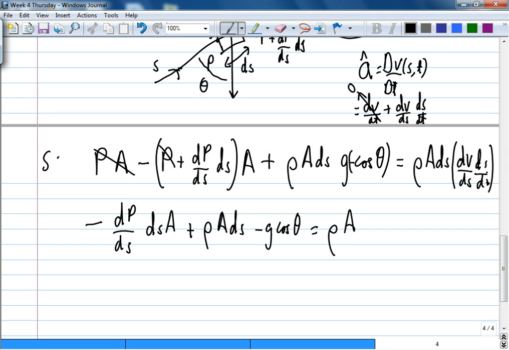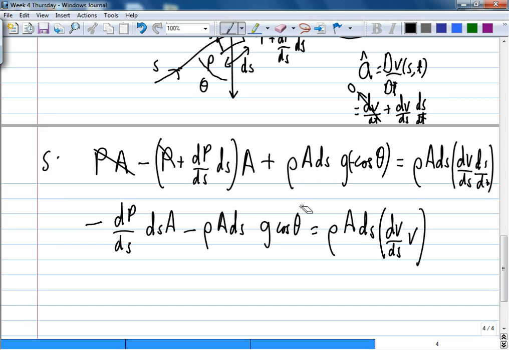What is ds on dt? It's v, is it? So it's dv on ds times v. ds on dt is the rate of change of s as a function of t, and that's basically your v. Rho A ds, yes, this is one term. Put a bracket here. Okay, can put just minus rho g cos theta.